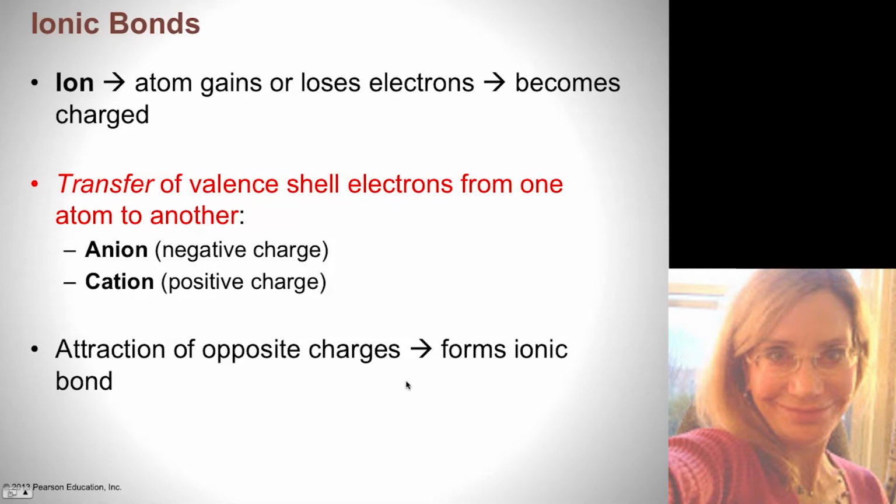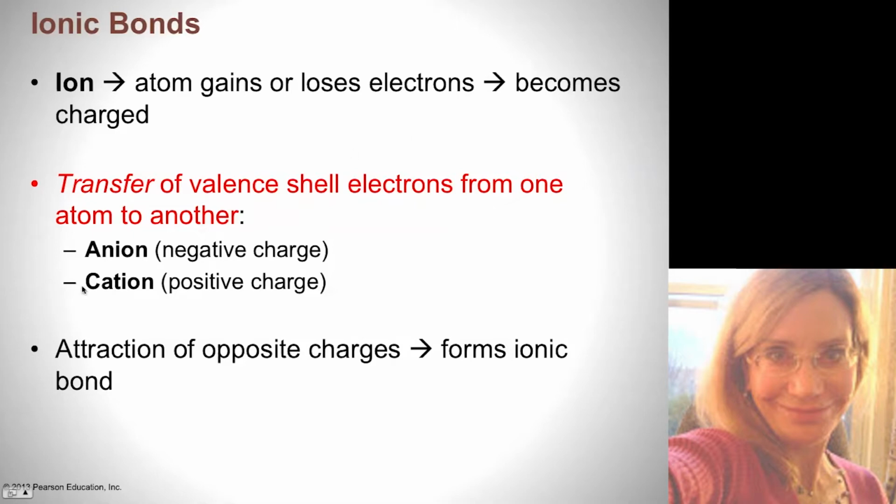An ion results when an atom gains or loses an electron or electrons. As a result of that, it becomes charged. If it gains an electron, it will have a net negative charge. If it loses an electron, remember electrons are negatively charged, that particle will now have a positive charge.